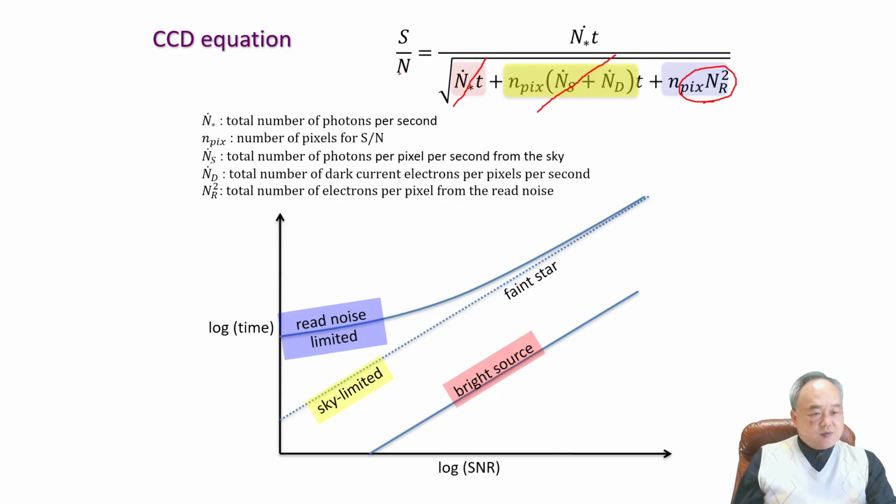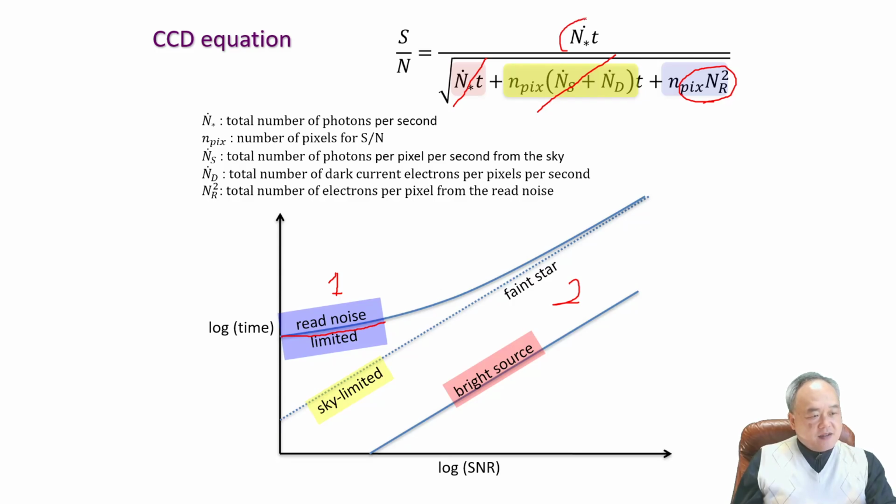Then the log of signal to noise ratio is directly proportional to log of t. So the slope is 1 instead of a slope of 2, starting with a shallower straight line in the log time versus log signal to noise ratio plot. So that's the readout noise limited case.